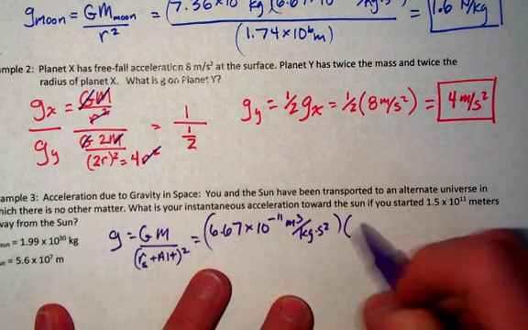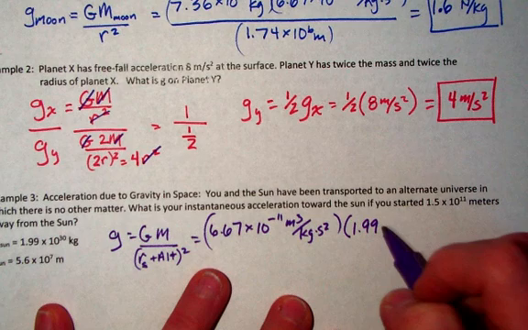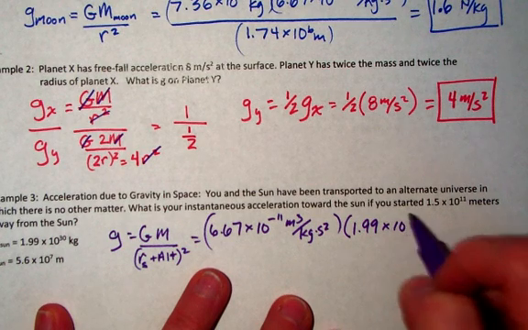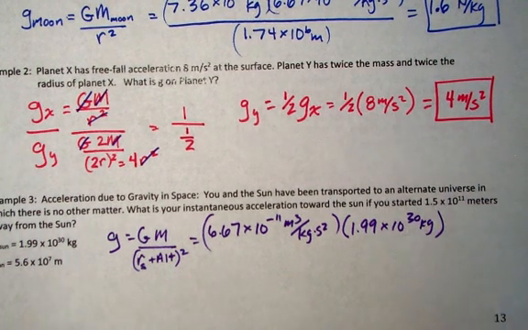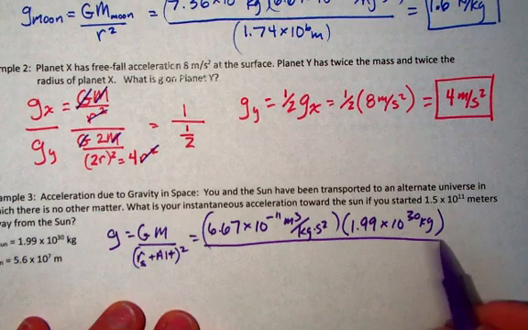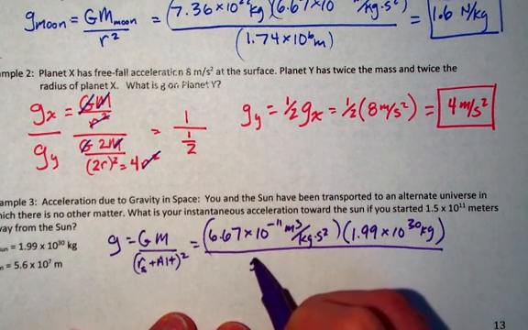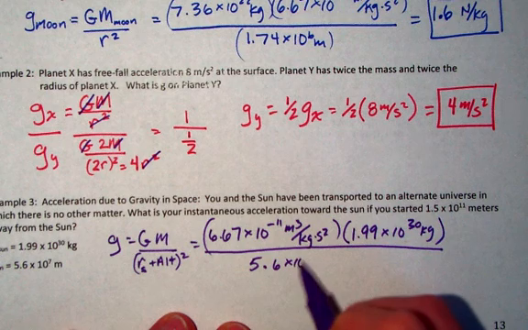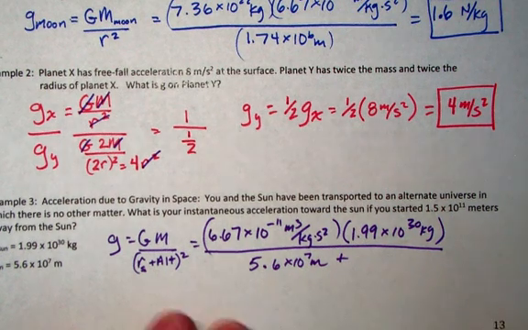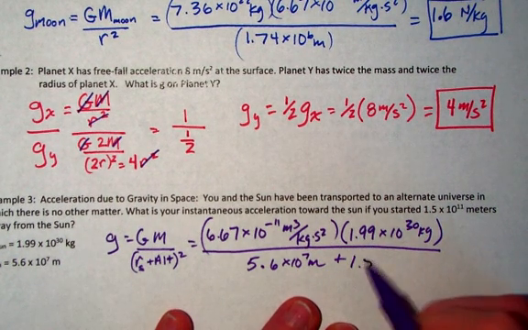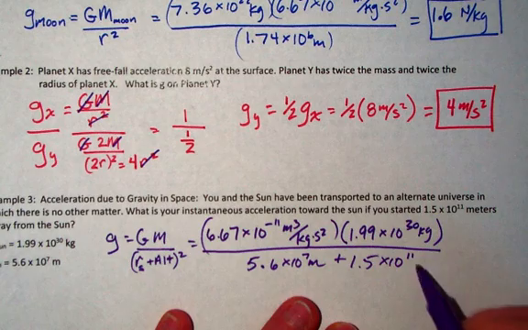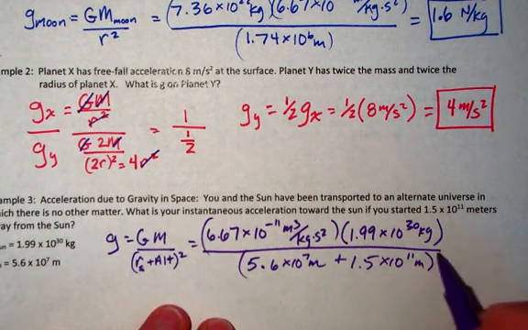The mass of the sun is 1.99 times 10 to the 30th kilograms. And then we divide that by the radius of the sun, 5.6 times 10 to the 7th meters, plus our altitude, which is 1.5 times 10 to the 11th meters. And then we need to square that.